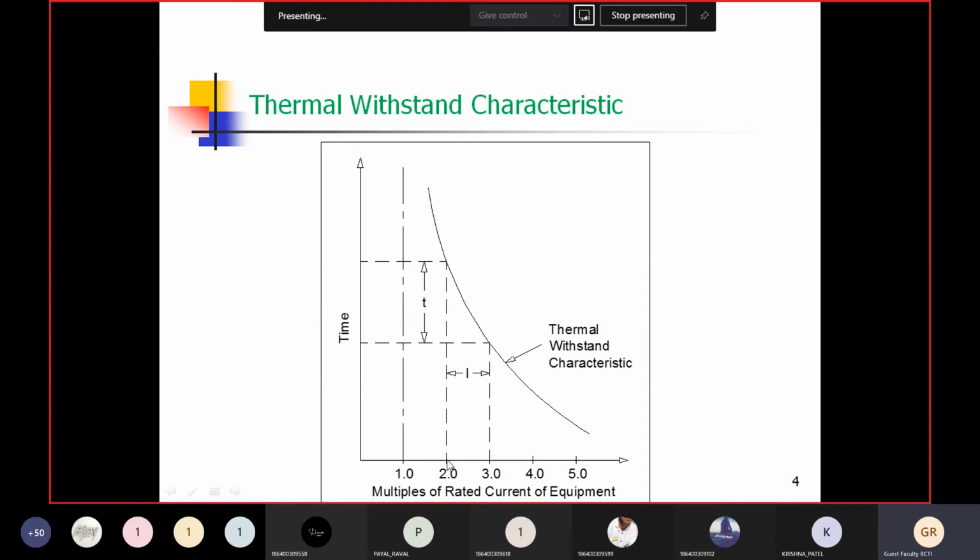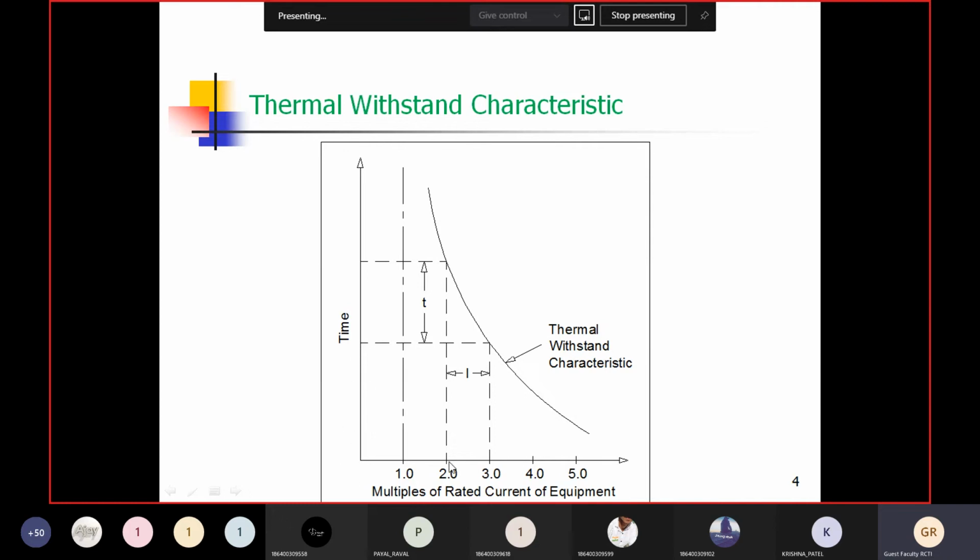But if you increase the current from 2 times to 3 times, then if you extend this vertical line, it will cross this thermal withstand characteristic over here, and according to that, the time of operation is this. So initially the motor can be operated for this much time if you pass double the current, but if you increase the current to 3 times, you can operate the machine only for this much time.